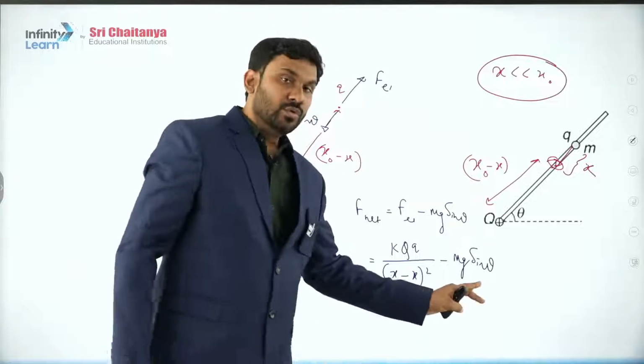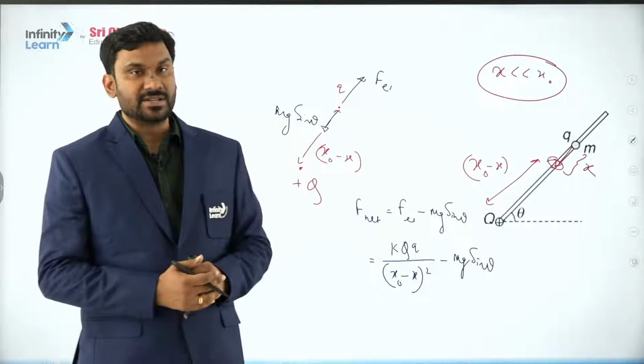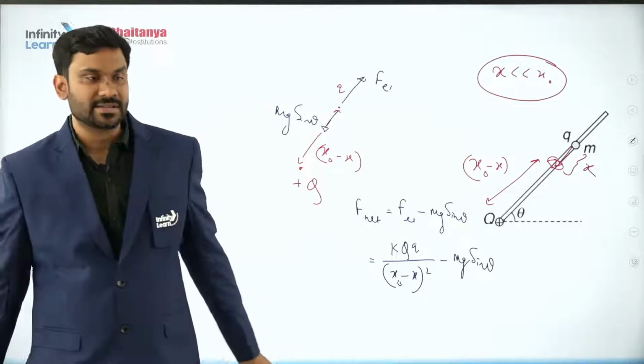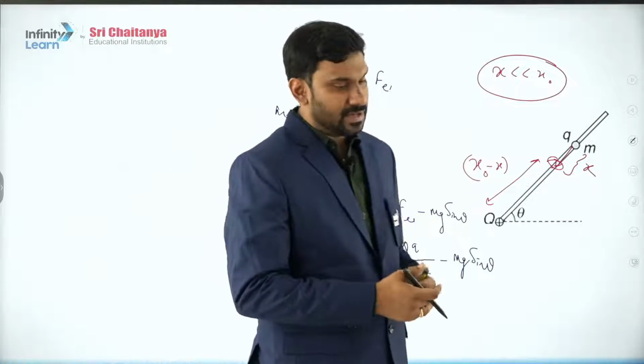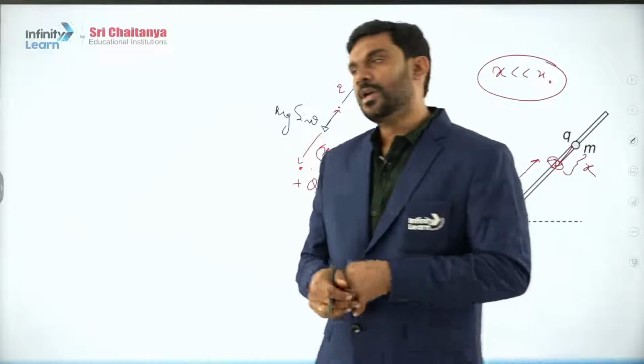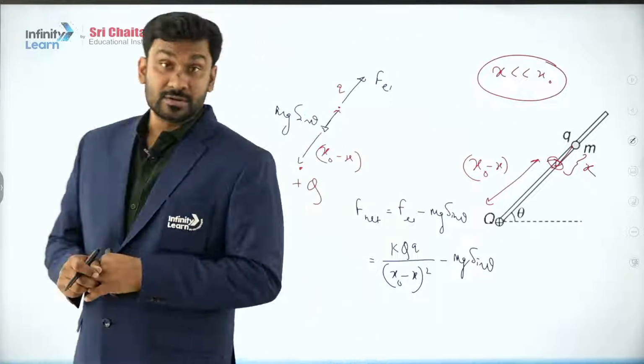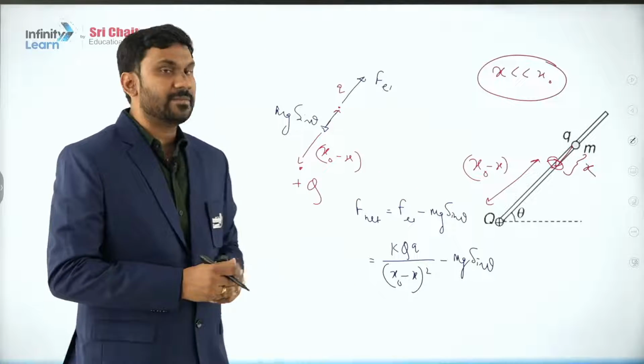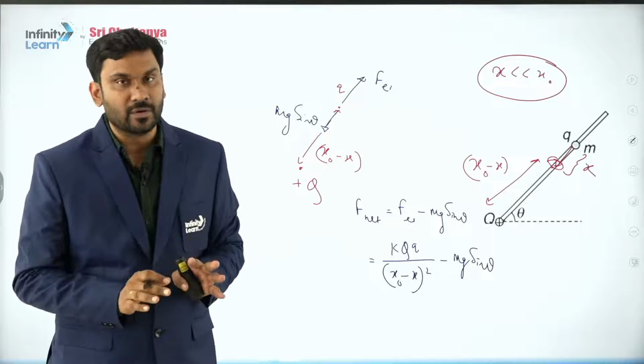You all know that to check the condition of SHM in any case, whether it is electrostatics, there is some question in SHM itself, some question can be given in modern physics also, in electromagnetic induction also, motional EMF. In all the cases, to check the condition of SHM, what do you have to do? By binomial theorem. You have to take the help of binomial theorem.